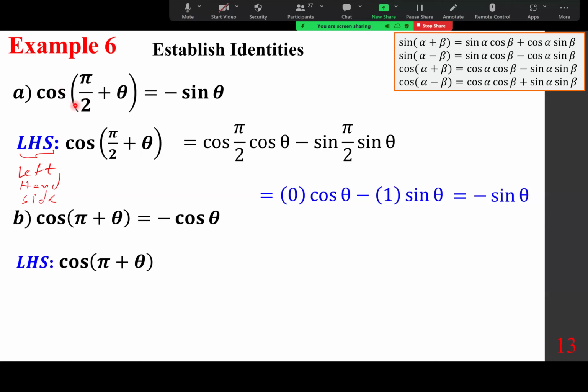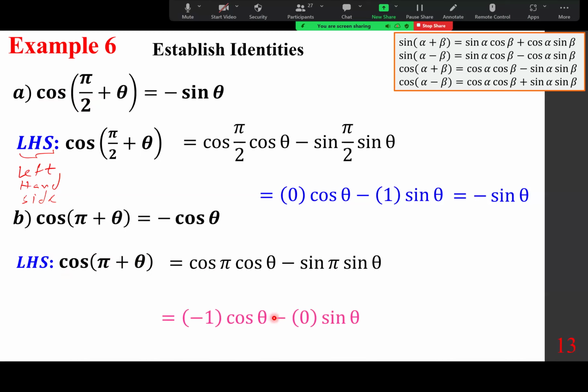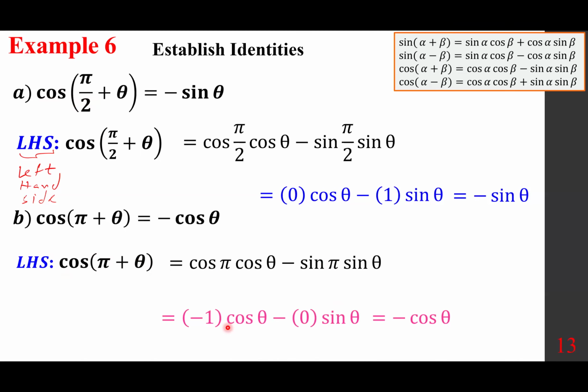And we're going to expand just the way we did with part A. Cosine pi cosine theta minus sine pi sine theta. Everybody knows cosine pi is -1 and sine pi is 0. So this goes away and this becomes negative, minus cosine theta. Pretty straightforward.